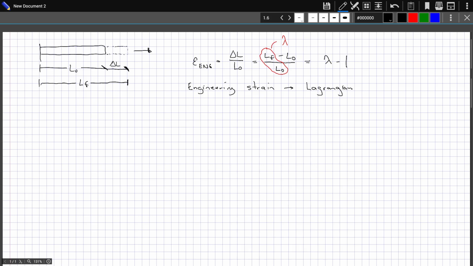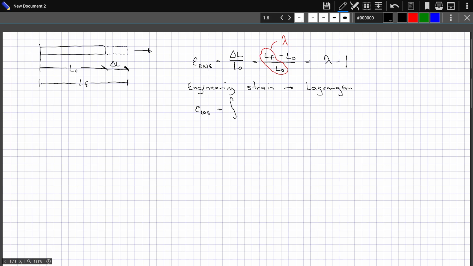Right? So this is the one you typically measure in the laboratory. But there's other strain measures. One we call the log strain, and what we do there is we normalize with respect to the instantaneous length.